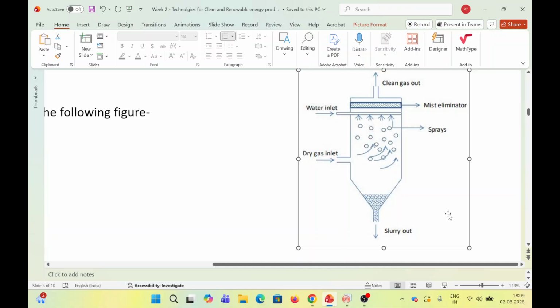The question is, why is there an extra provision to make the water as spray?